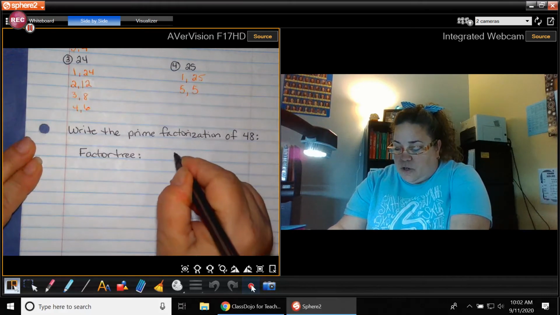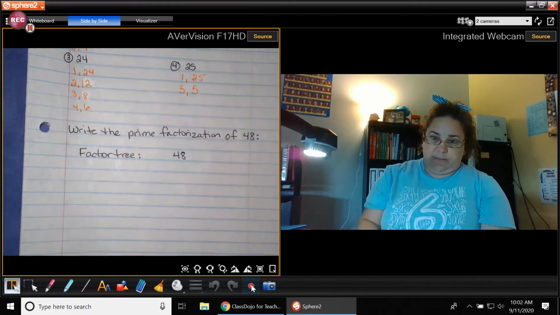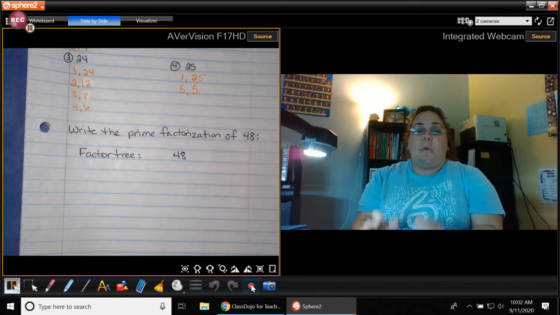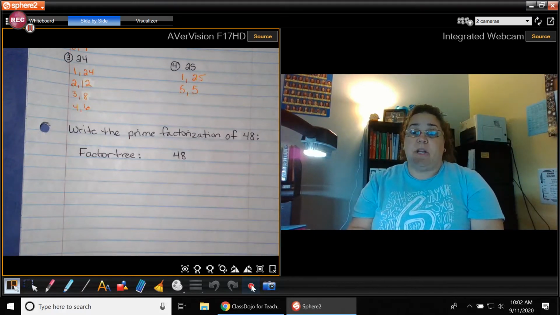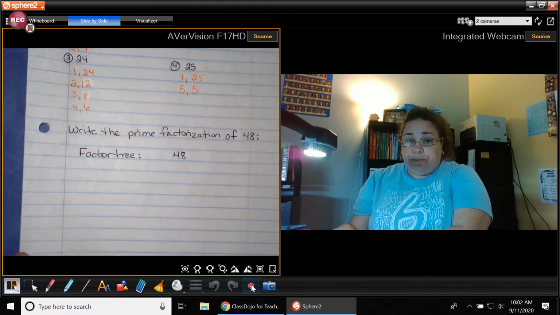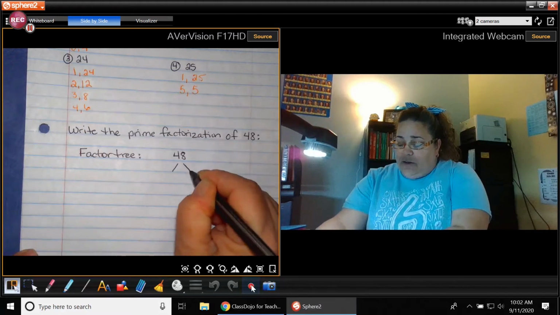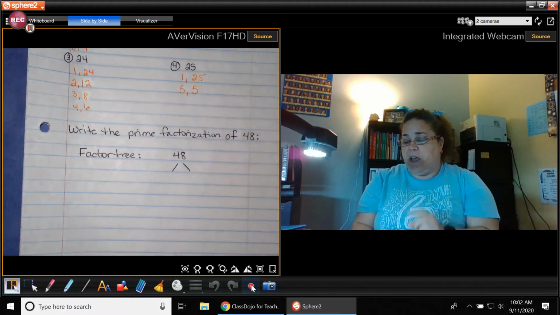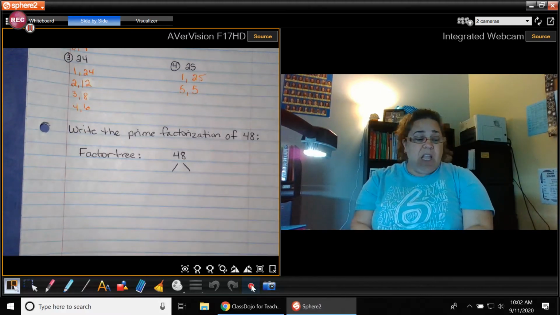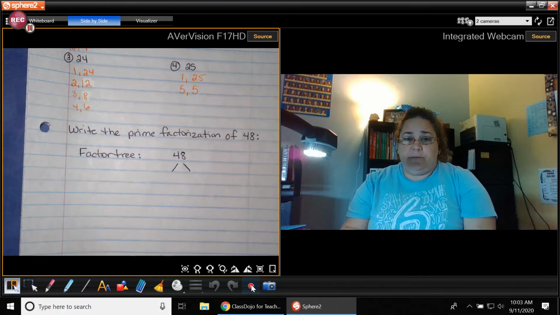This is like the trunk, and we are going to make branches from the trunk, okay? So 48 is the number that we are starting with, all right? Now, I need to find a factor pair that will help me break down the number 48.